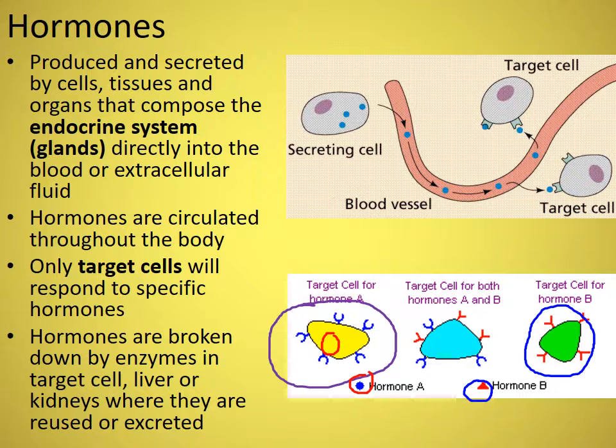So hormone B will attach to those receptors and send a signal inside. Hormone A will not affect the target cell for hormone B, because there aren't specific receptors that will bind to hormone A. Hormones are very specific and they each have their own target cells, tissues, or organs.